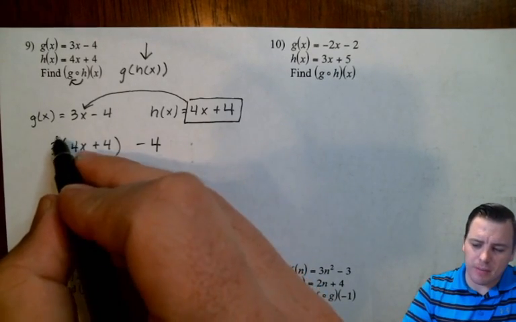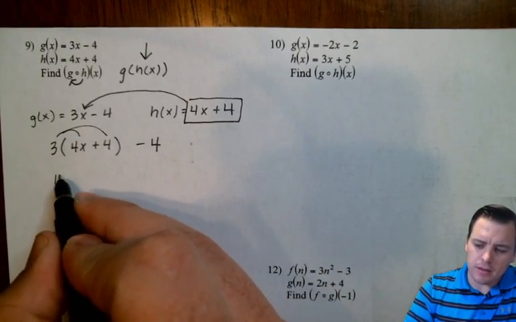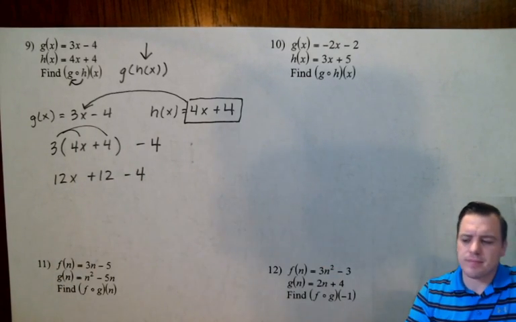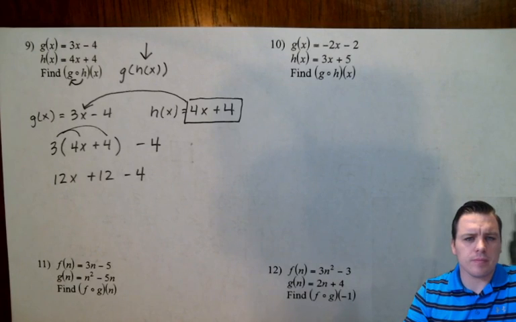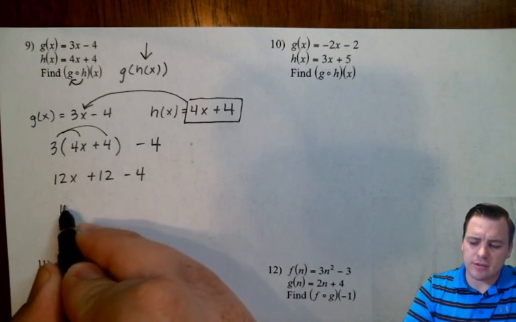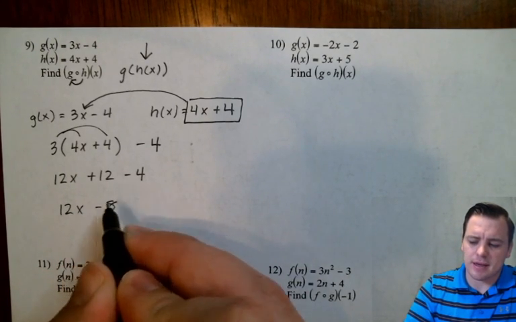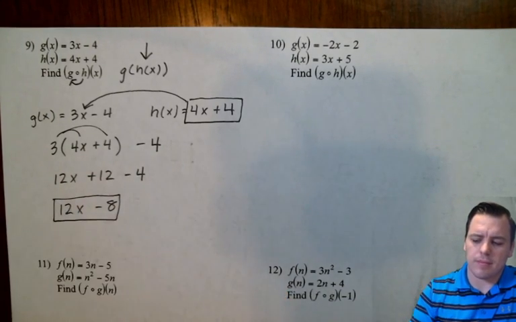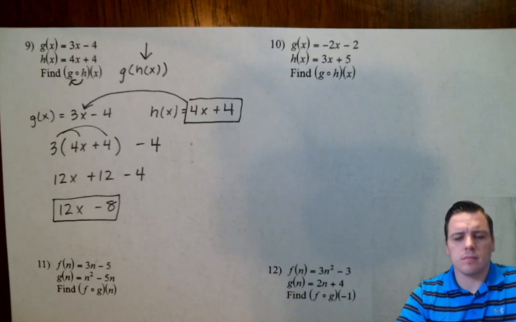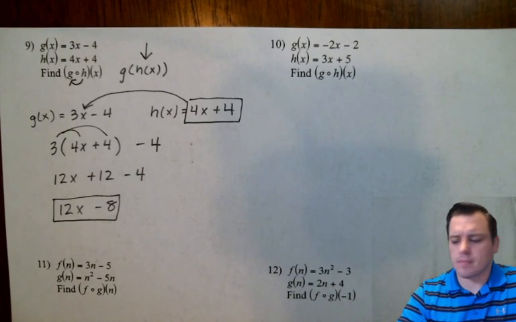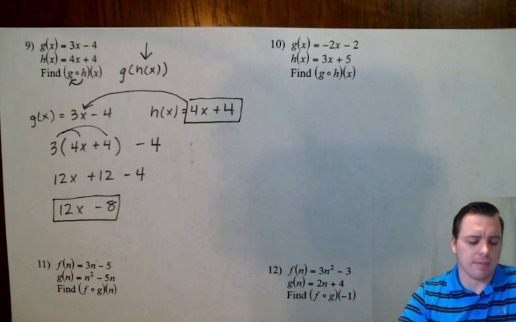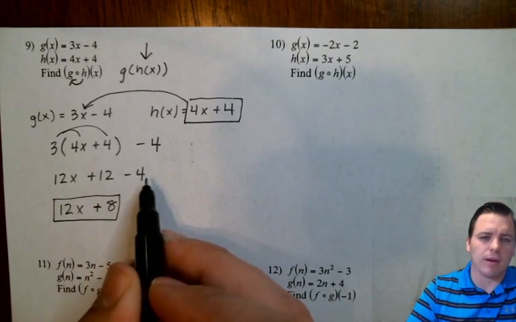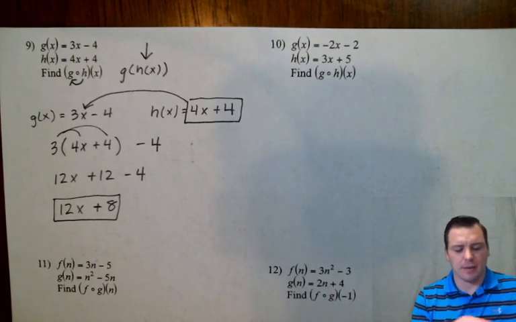So distributive property, 12x plus 12 minus 4. 12 minus 4 is 8, so 12x minus 8. Oh, I'm sorry, not minus 8. I'm surprised you didn't jump on me quicker. Plus 8. Sorry, 12 minus 4 is positive 8, not minus 8.